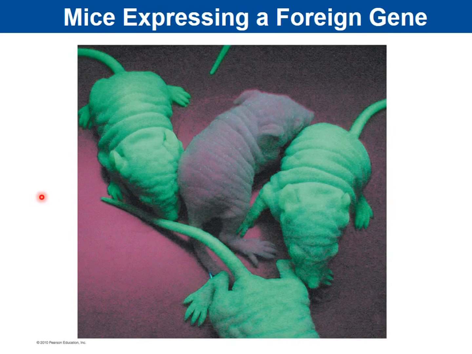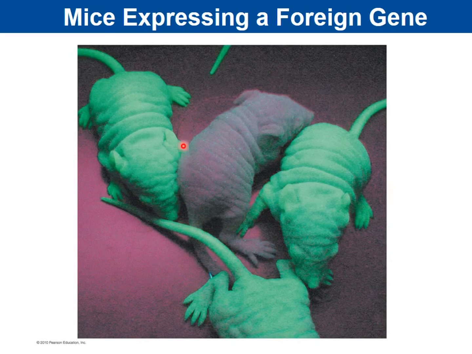And so what these scientists did was they took the gene for GFP, this jellyfish gene, and they put it into mice, and you can see that the mice glow green, meaning that the mice were able to take that jellyfish gene and make the GFP jellyfish protein. And so this is just an example to demonstrate that the genetic code is nearly universal, that you can take a gene from one organism and put it into another, and it's going to make the right protein.